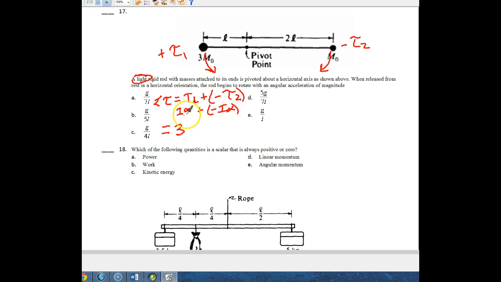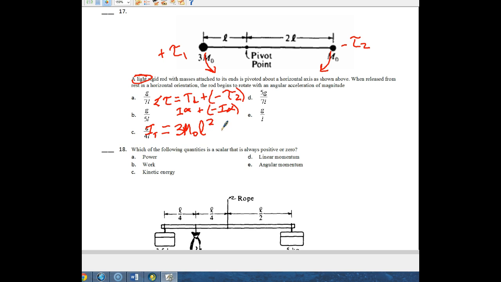Because we've got two different moments of inertia, let's just solve for the total moment of inertia first. So this is I total. That would be 3 times MO times the radius squared. Now our radius here is going to be L, so that one is L squared.